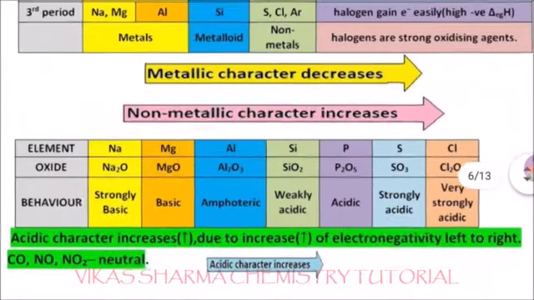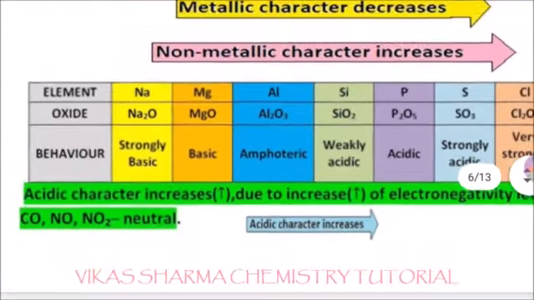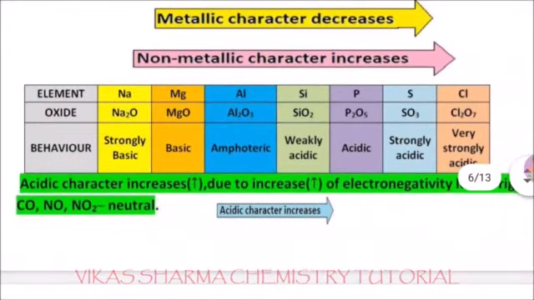So the element and the pattern of oxides you can see on your display. Sodium oxide is strongly basic, magnesium oxide is mildly basic. Al2O3 shows amphoteric behavior, meaning in some reactions it shows acidic behavior and in some reactions it shows basic behavior. You can also read about amphoteric behavior in class 10th.